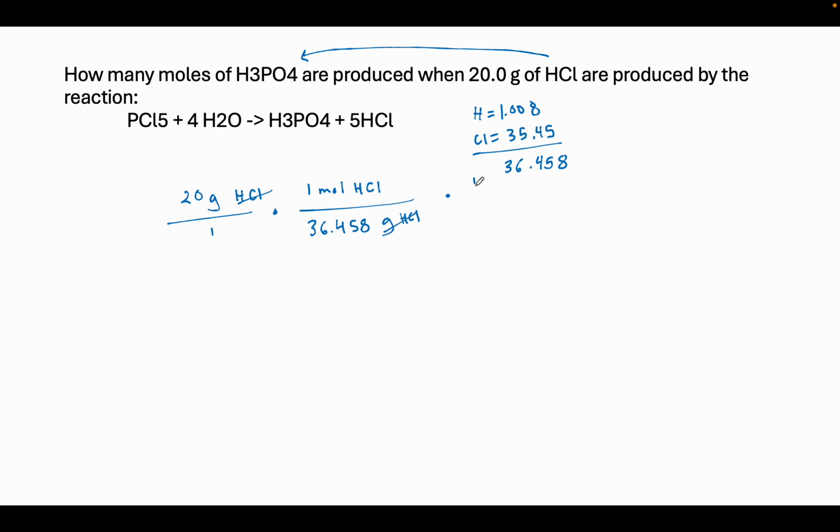So of course we want to end up with the mole of H3PO4. We got 1 mole of H3PO4 for every, how many moles of HCl? Well, we got 5 moles of HCl.